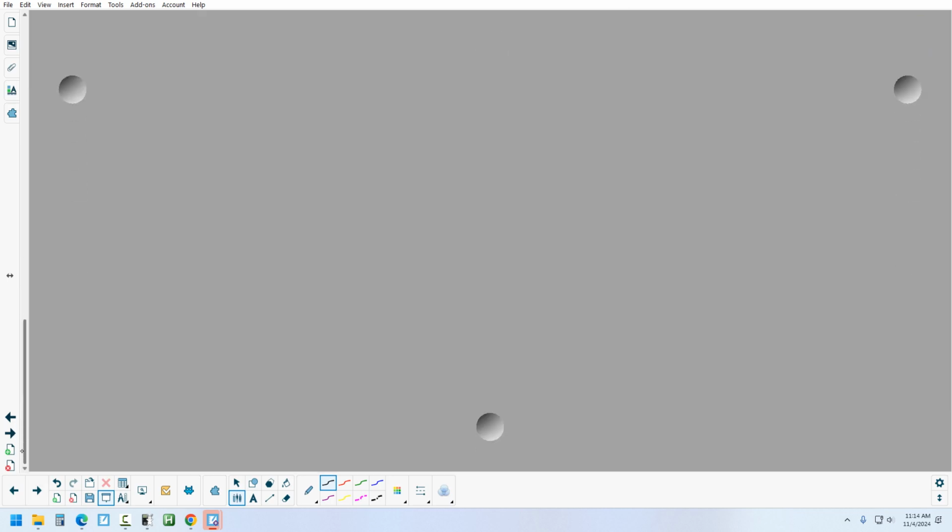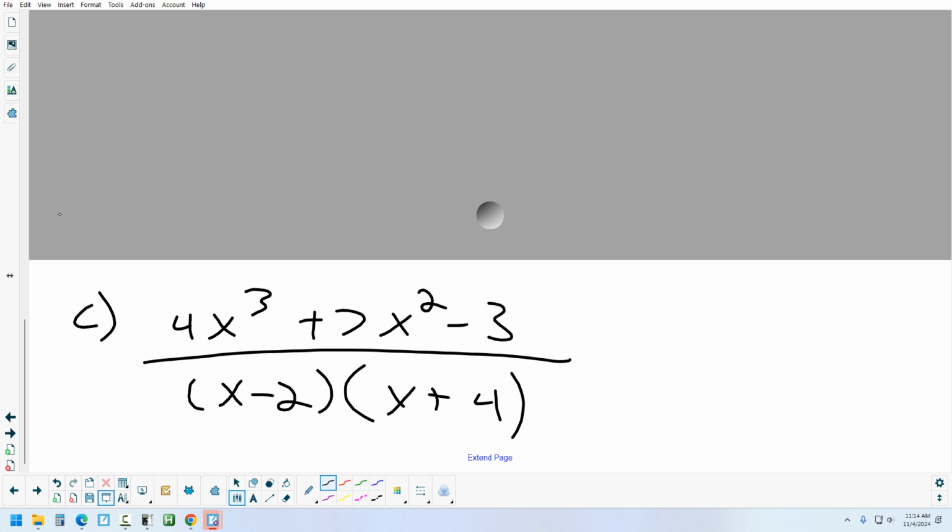All right, let's try this one. So the numerator doesn't really play a big part here in terms of the domain. You're just trying to find what would make the bottom 0. What would make the bottom 0 this time? 2 and negative 4.